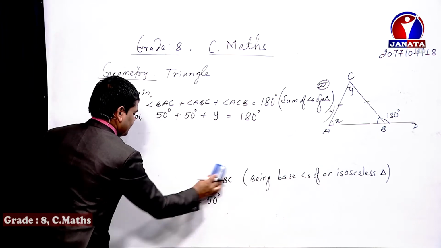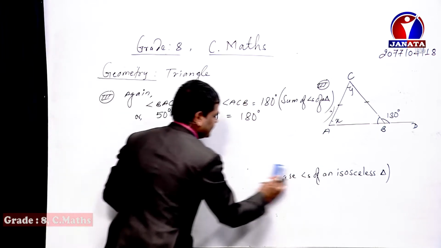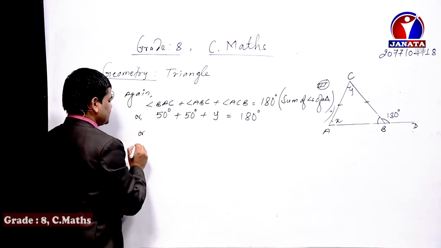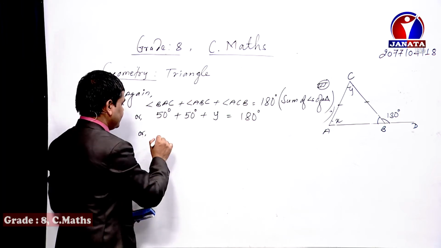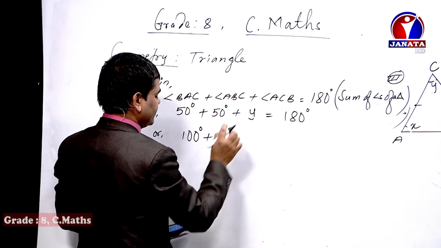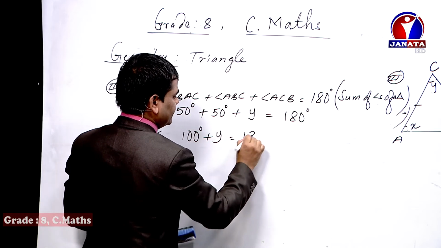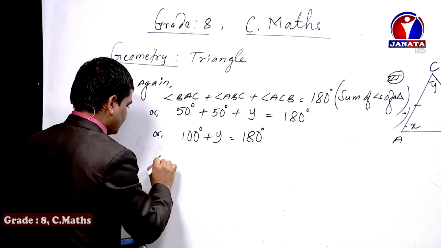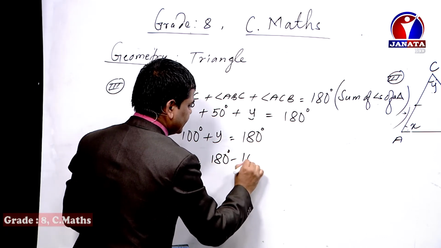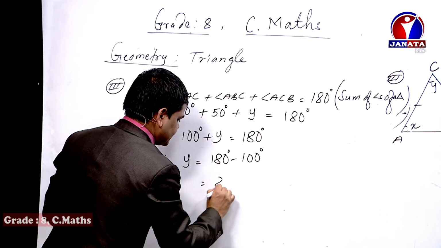Now you can find the value of y, isn't it? 50 plus 50 is 100 degrees, and then there is a plus sign, so 100 degrees plus y equals 180 degrees, and then y equals 180 degrees minus 100 degrees, which equals 80 degrees.